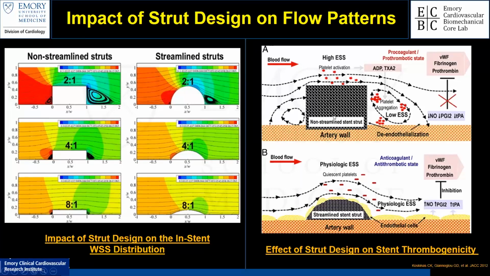And there is often a heterogeneity of shear stress zones around non-streamlined struts, with high shear stress on top and low oscillatory shear stress below. This phenomenon causes local inflammation leading to platelet activation, and probably leads to future thrombosis.